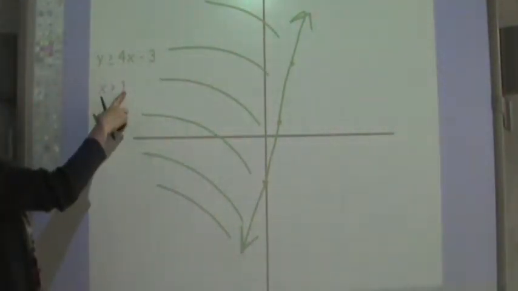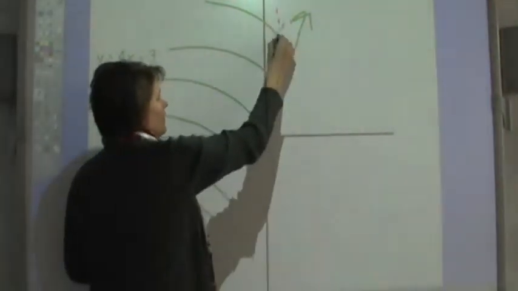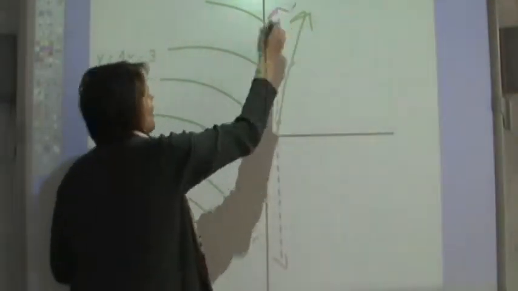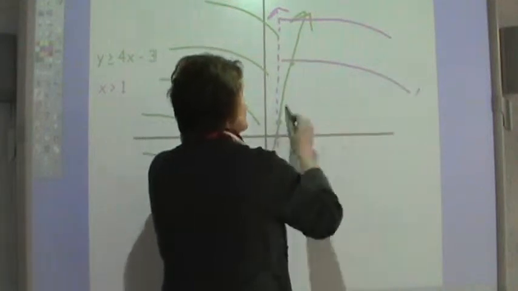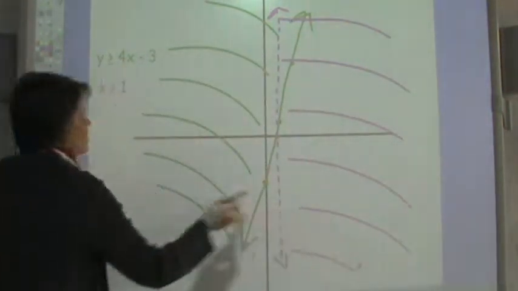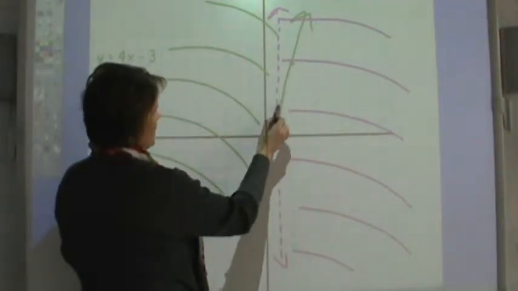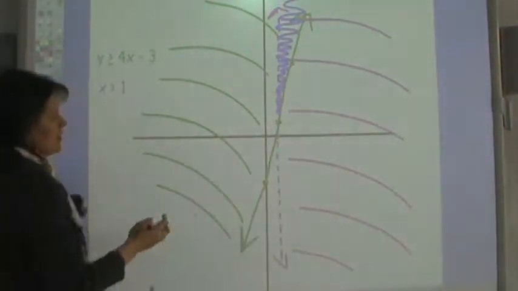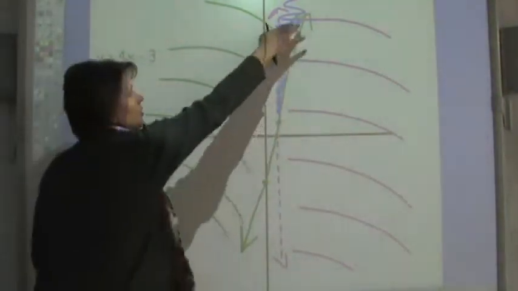And this one is a vertical line at 1, dashed, and we want everything greater than 1, so that's everything this way. So my double shaded region is actually just this little part right in here, where it's to the left of this line and to the right of that line. It would just be that little sliver right there.